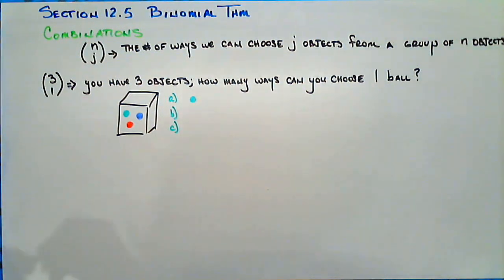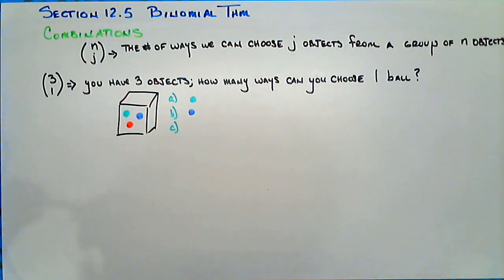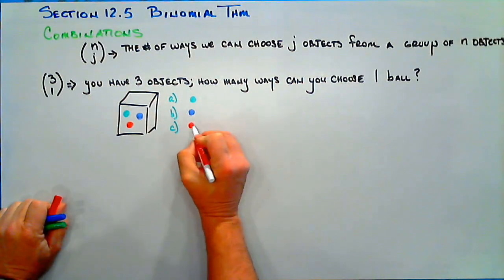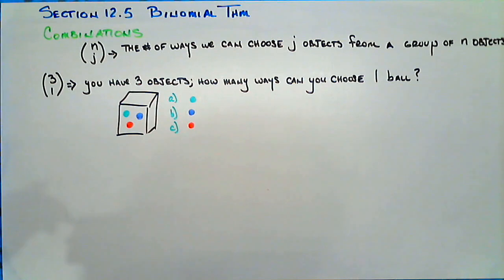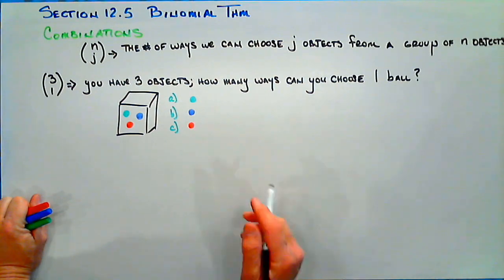What else could happen? Well, you could reach in the bag and you could choose the blue ball. That's a different outcome. Or you could reach in the bag and you could choose the red ball. Again, a different outcome. The question is asking, how many ways could you do this? What's the total?